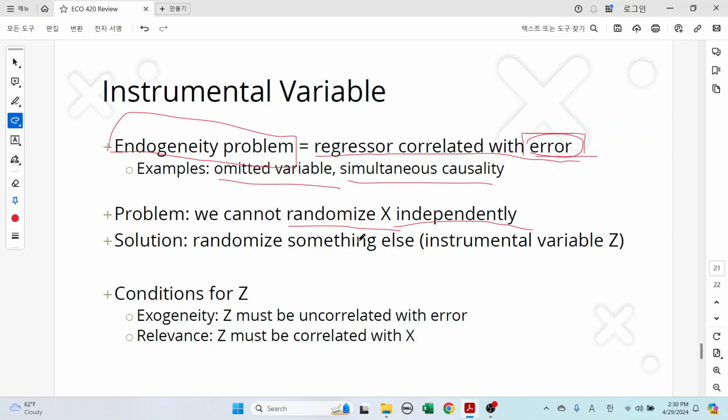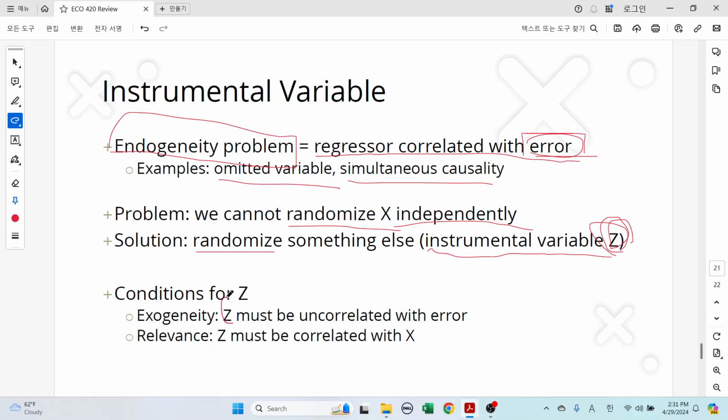So our idea is let's find something else that is outside of the model, but you can randomize it, right? That is instrumental variable Z. This is a very smart idea, originated from economics and exported to statistics, right? So this should satisfy this.